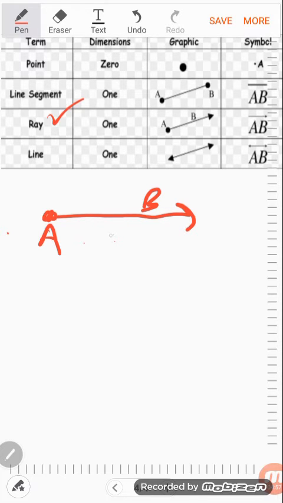Okay? The representation would be the endpoint and the direction in which it's going, and then it's open on one side infinitely. The definition would be: a ray is a line with a single endpoint that goes on and on in one straight line or one direction. Okay?